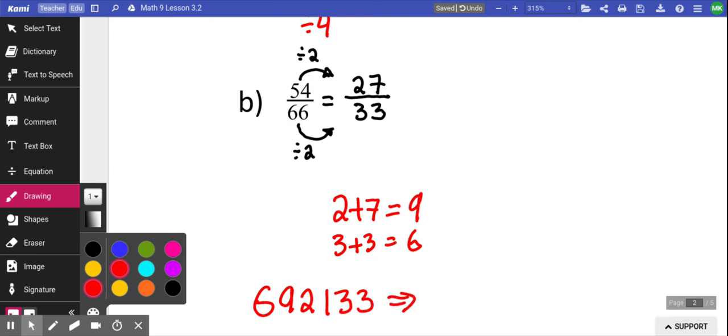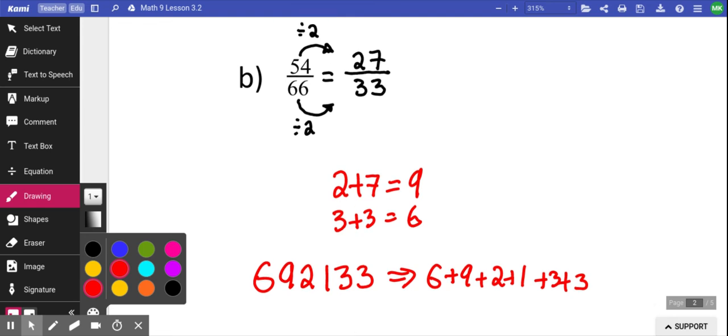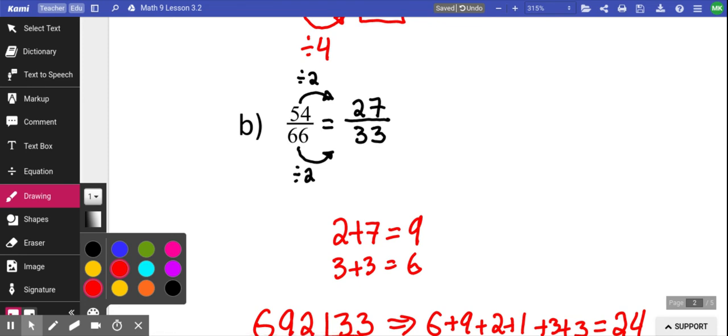If you added all the digits, 6 plus 9 plus 2 plus 1 plus 3 plus 3, that's 6, 7, 8, 9, 18. That equals 24. 24 can divide by 3. That means this number can divide by 3. It's a pretty cool little trick. If you add the digits of the number, and it can divide by 3, then the whole thing can divide by 3. That's actually a pretty sweet trick, eh?